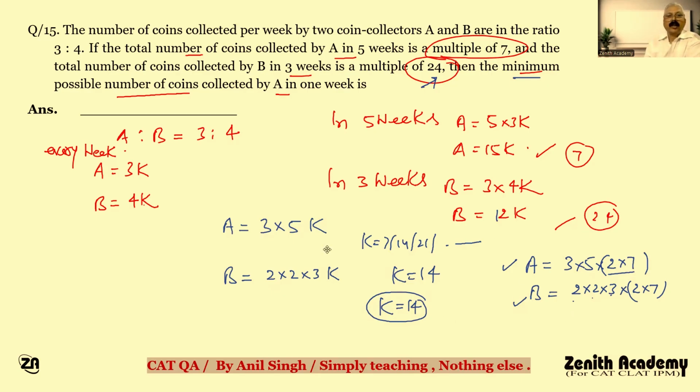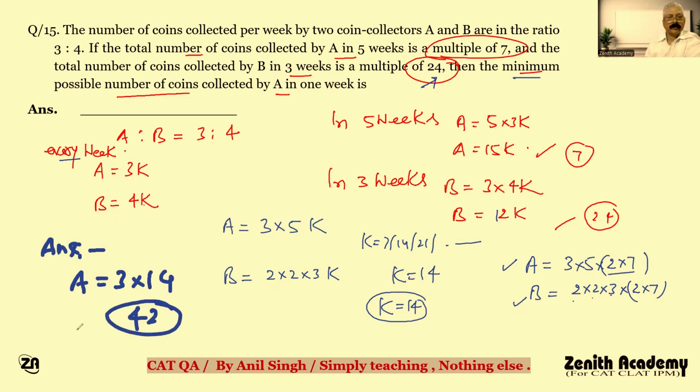Now the question is the number of coins collected by A in 1 week. Every week A collects 3K. It means the answer will be A is equal to 3 into 14, which means 42 is the answer.